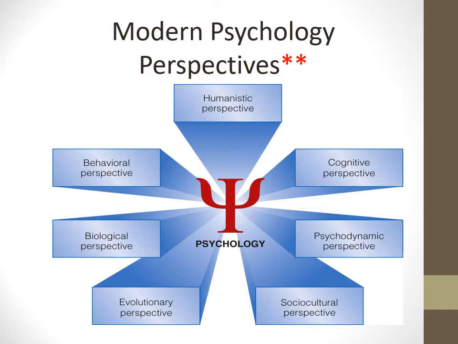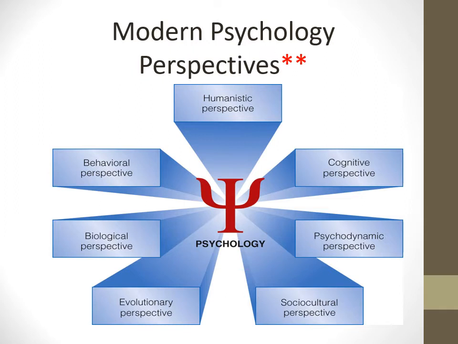The biological perspective looks for physical cause for behavior, like genetics or chemical imbalances. The evolutionary perspective focuses on how evolution and natural selection cause behavior. This is similar to functionalism, kind of.